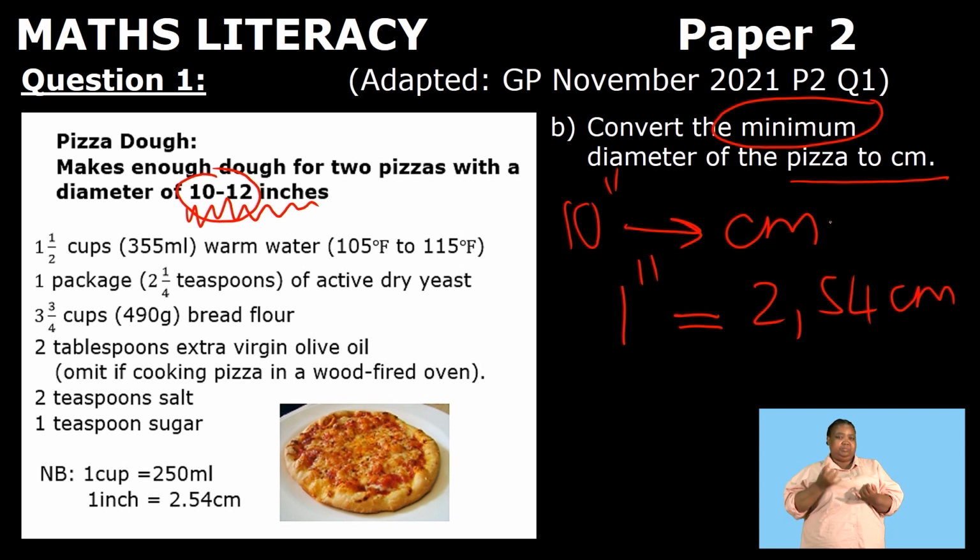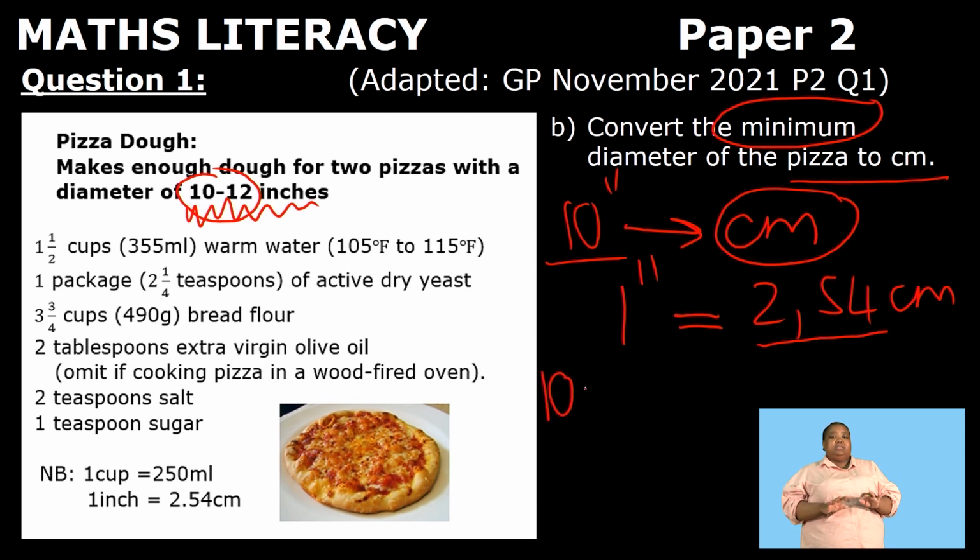We can see that the number of centimeters will be 2,54 times more than the inches. So therefore, we will say 10 times 2,54. Make sure you know where to multiply and where to divide.